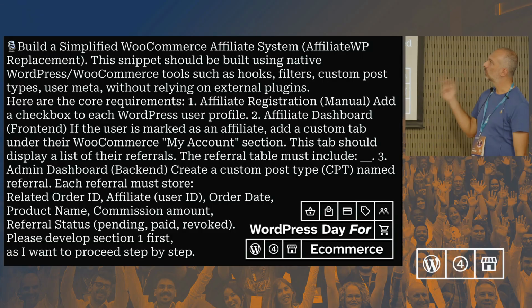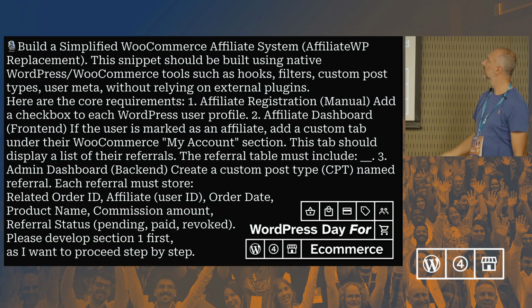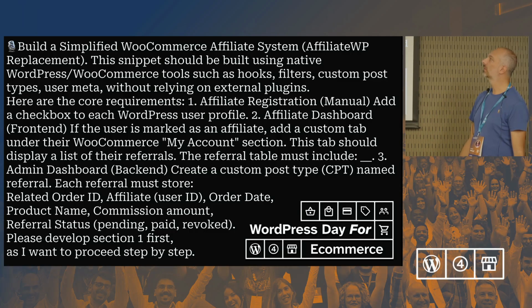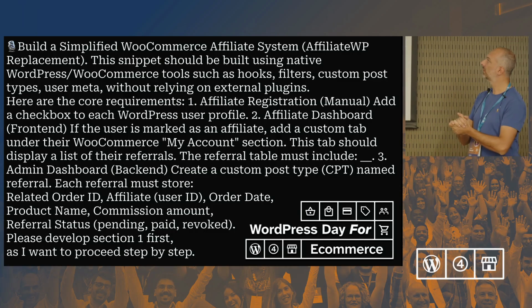So that's an example. Let's build a simplified WooCommerce affiliate system, which is an Affiliate WP replacement. The snippet should be built using native WordPress and WooCommerce tools such as hooks, filters, custom post types, and so on. Here are the core requirements. People need to register?